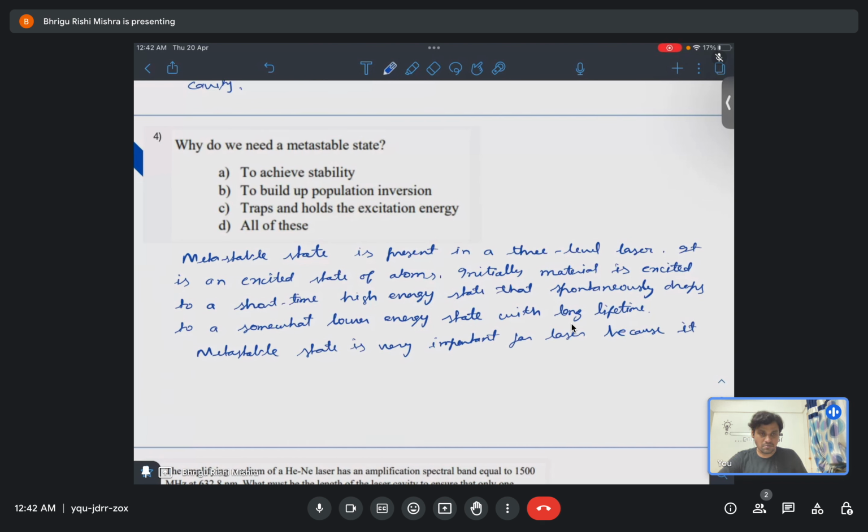Okay, and it also helps to increase the number of photons, that means to build up the population inversion, and also the most important thing is it traps and holds the excitation energy. Okay, so the correct option is all these 3 things. We need a metastable state to achieve stability, to build up population inversion, and to trap and hold the excitation energy.